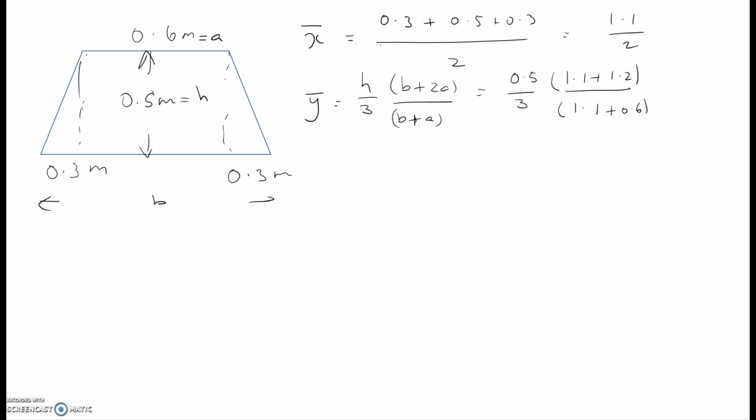If you do that on your calculator, you get that Y bar is equal to 0.225. So that's finding the centroid of a trapezium.